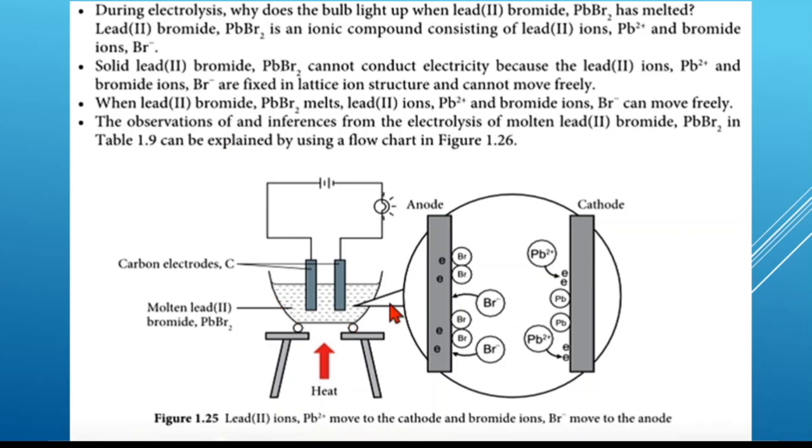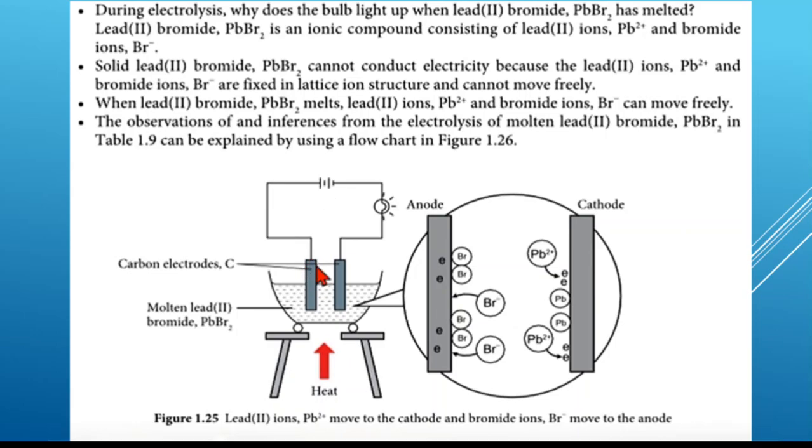Okay, so ini adalah yang terjadilah. So this is the molten lead bromide here. Ini yang kita panggil sebagai electrode. Okay, electrode yang kena dip into the electrolyte. Okay. So di sini, ini battery, ini positive, ini negative.